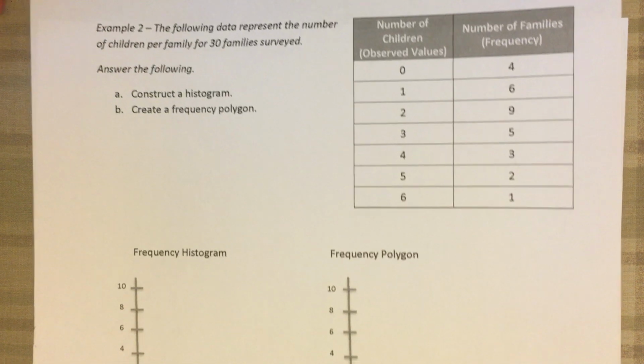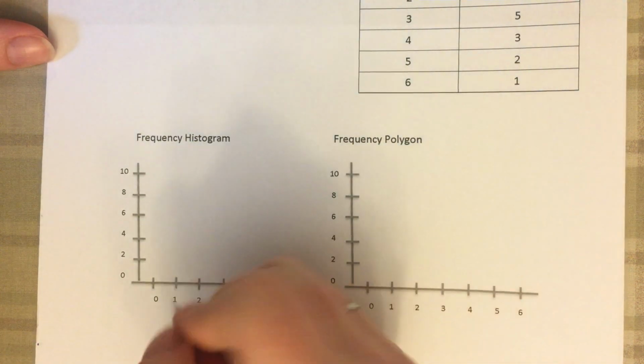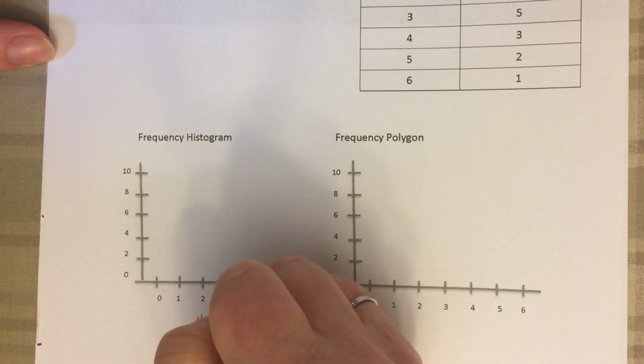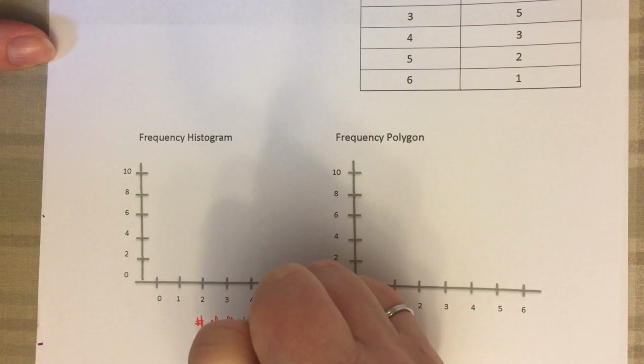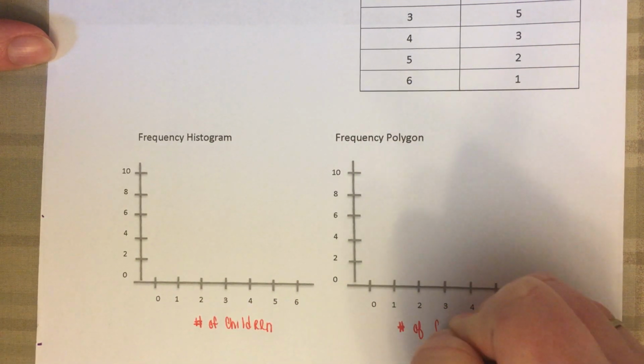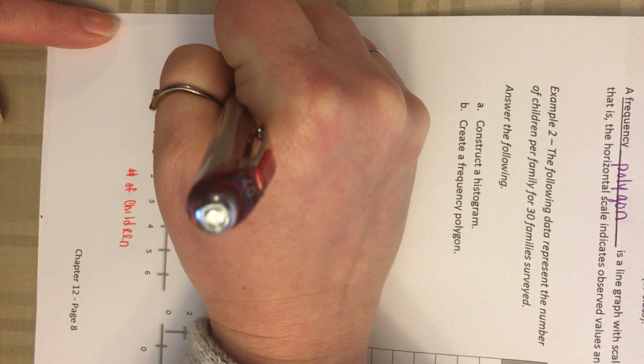Right? So looking down here, I'm just going to label my axes. So we're going to label these number of children. And then our vertical axis is going to be labeled frequency.